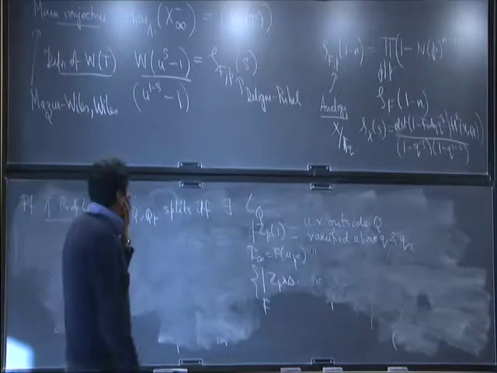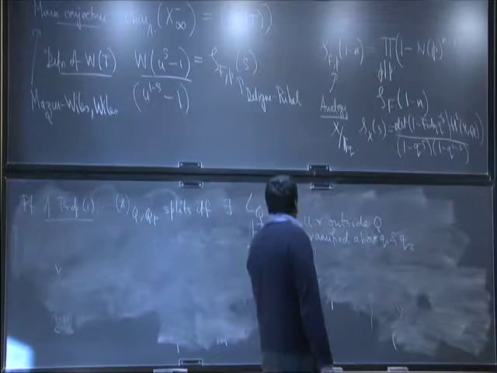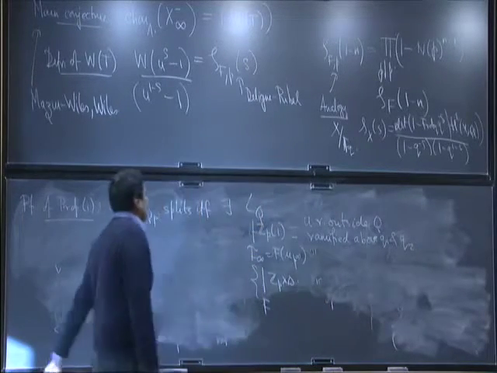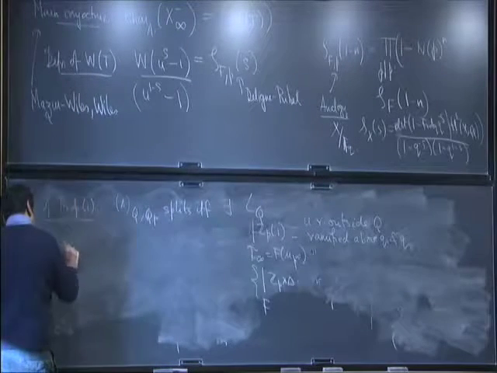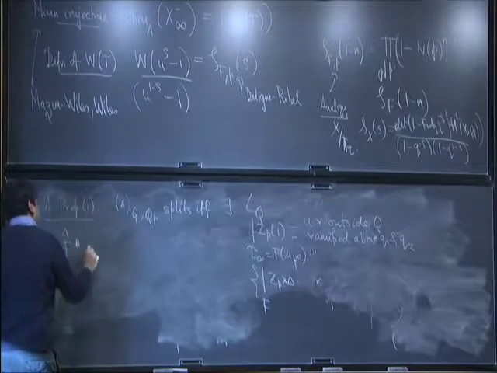And then one needs to see how to create such extensions. If you just use Kummer theory, for example, you look at F star and its p-adic completion.